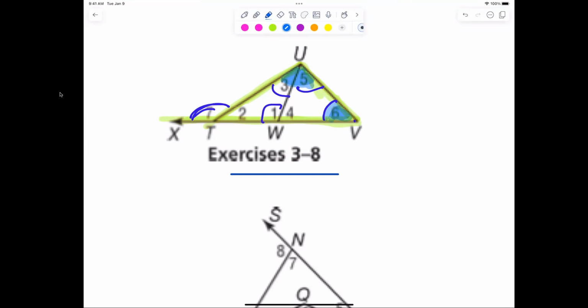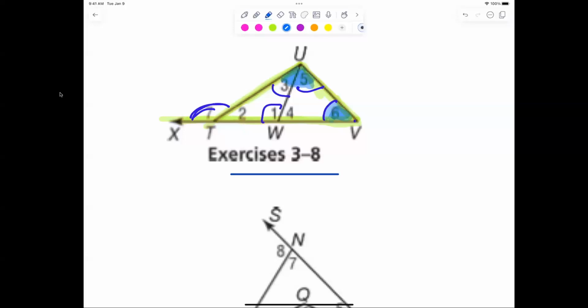Technically, is 5 a remote interior angle to 7? And the answer would be, of course, no, it's not the full angle. But 5 is part of angle TUV, correct? Does everybody agree? 5 is part of TUV.